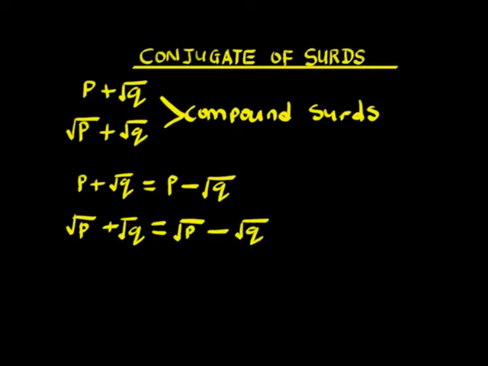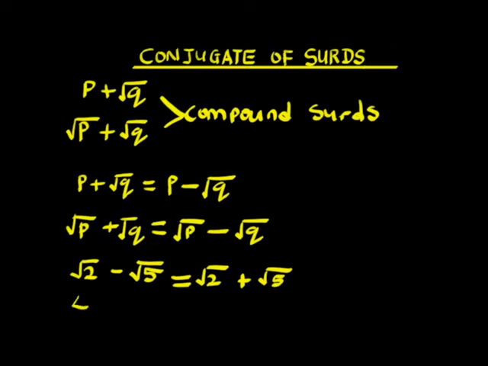Taking classic examples now, we can have root 2 minus root 5. The conjugate of this surd would be root 2 plus root 5. The values remain the same, but the sign changes.